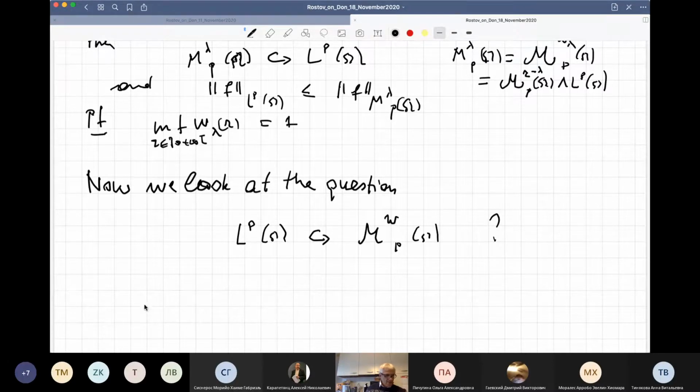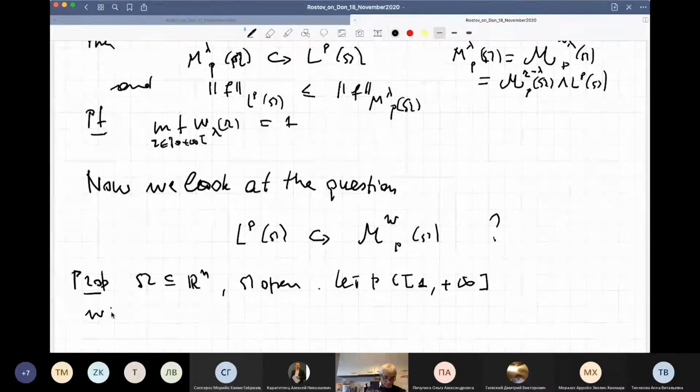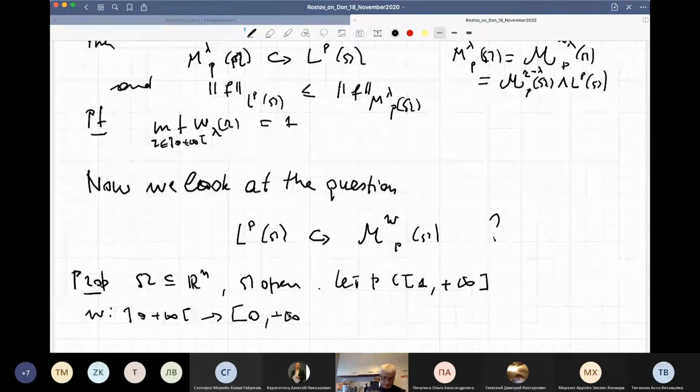And we have the following proposition, an elementary proposition if you wish. Omega is contained in Rn, omega open, no restriction on the size of the measure. Then we take P as usual, which may be 1 up to plus infinity, and W a weight from 0 plus infinity to 0 plus infinity.